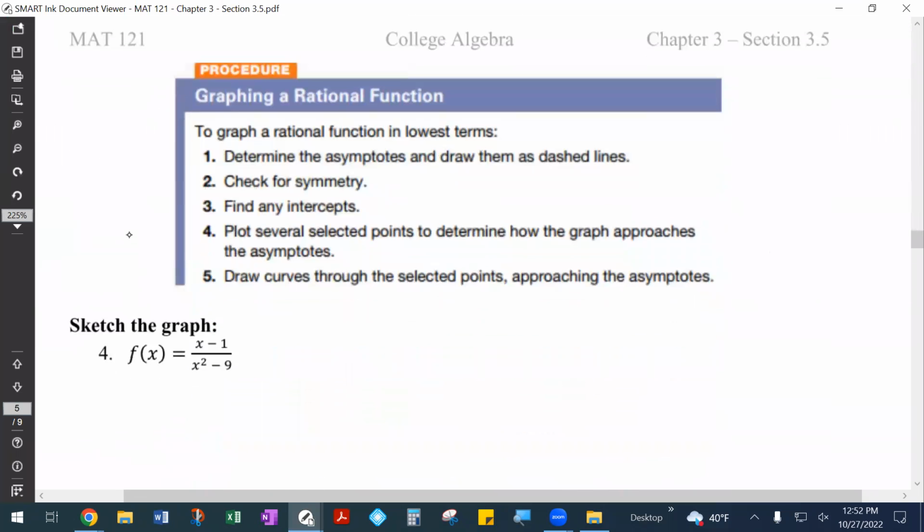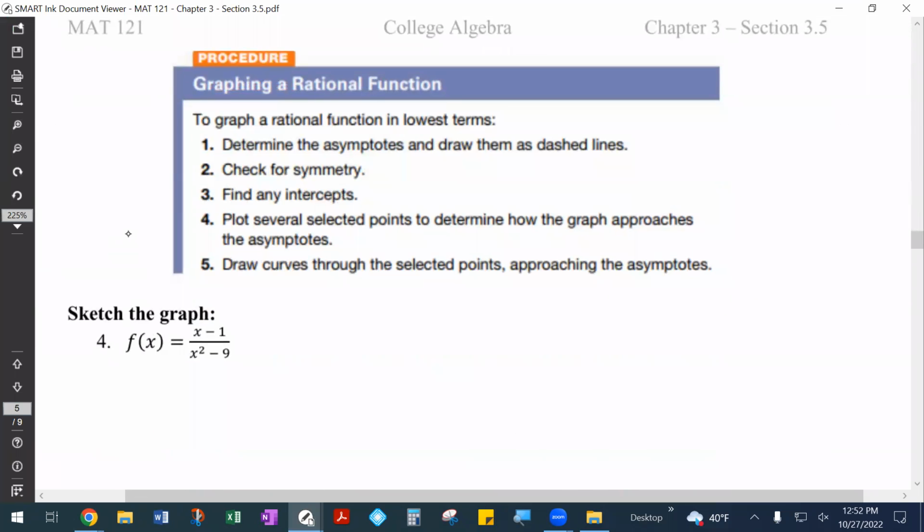You will see in the instructions over here, they're basically saying, make sure your rational function is in lowest terms. Some of them may not be in lowest terms. So far, we've assumed they were, but that's not always going to be true. Talk about what the asymptotes will be. And since they are imaginary lines, they're talking about drawing them as dashed lines, which we were not really graphing by hand, but if we were, that's what we would do.